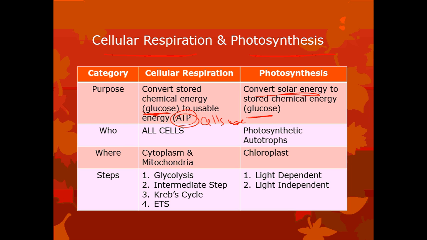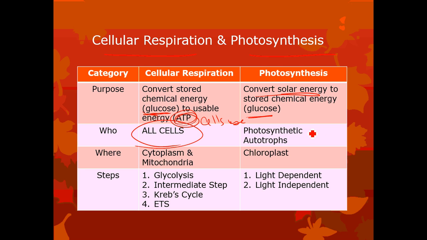Who does these things, or what type of cells do these? Every living cell is going to do cellular respiration. Anything from a bacteria or a yeast up to plants, animals, fungi, everything. Because if you can't convert either what you make or what you eat into ATP, it's going to be useless for you.